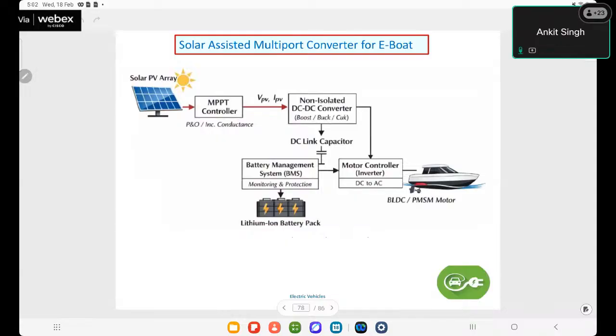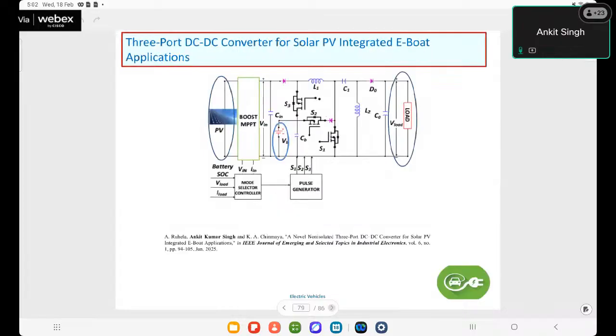So now I will show one work related to the application of solar PV in an electric boat. This is our published work on a solar PV assisted electric boat.